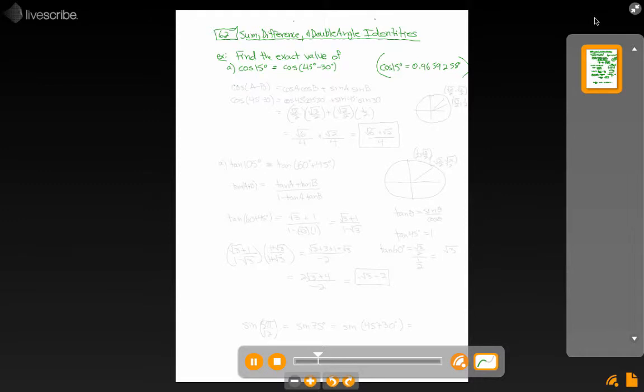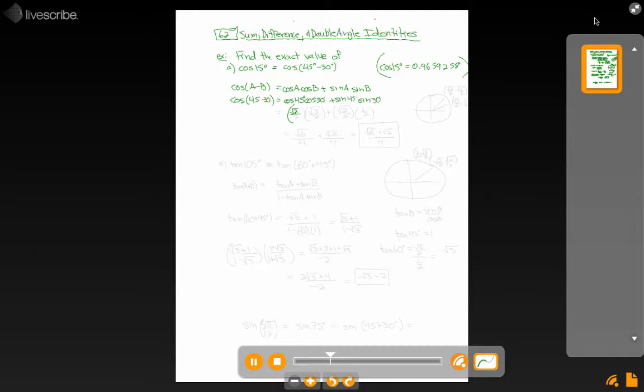So the identity for subtracting in a cosine function is cos(A minus B) equals cos A cos B plus sine A sine B. Now, if I replace A and B with 45 degrees and 30 degrees, I'm going to end up with cos of 45 degrees times cos of 30 degrees plus sine of 45 degrees times sine of 30 degrees.